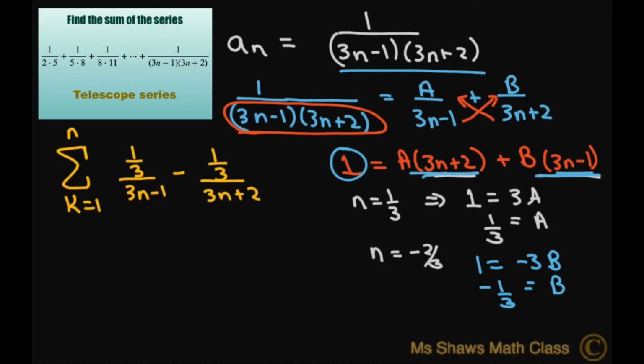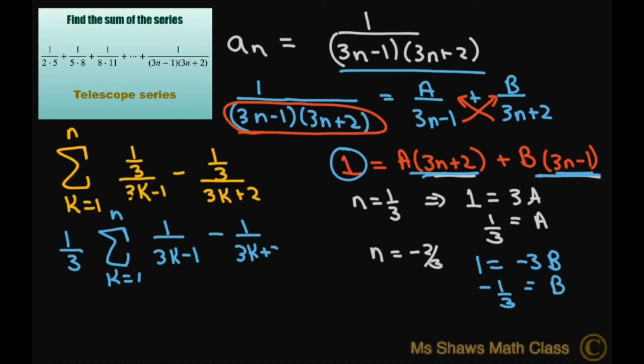You need k, not n, so let's change those to k. It's best to factor out the 1/3 and write this as 1/3 times the sum from k equals 1 to n of 1 divided by 3k minus 1, minus 1 divided by 3k plus 2.